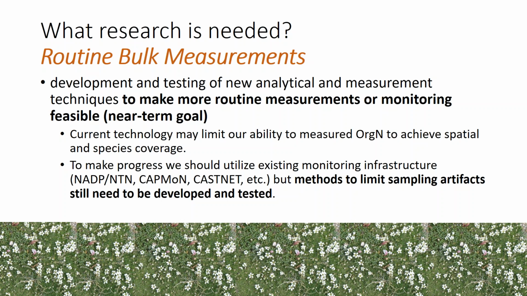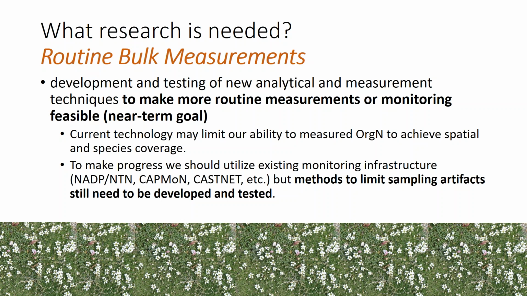So we know how to measure total nitrogen. That's pretty easy. That technique is probably not going to change, and I think it's pretty well trusted in the community. But being able to expand the use of total nitrogen minus the inorganic components, we need to really work on developing procedures to make sure the stability of the samples is okay, and that we limit the sampling artifacts.